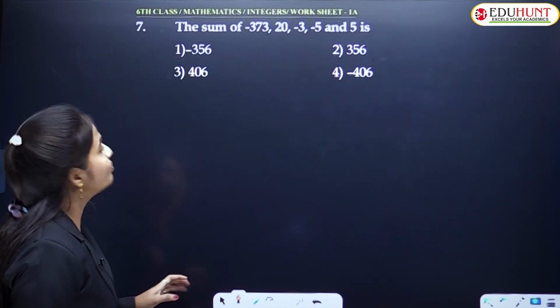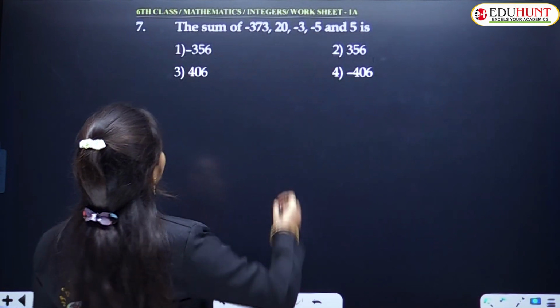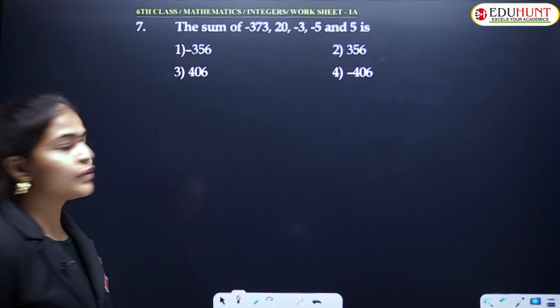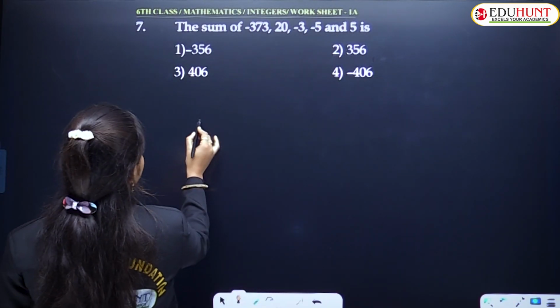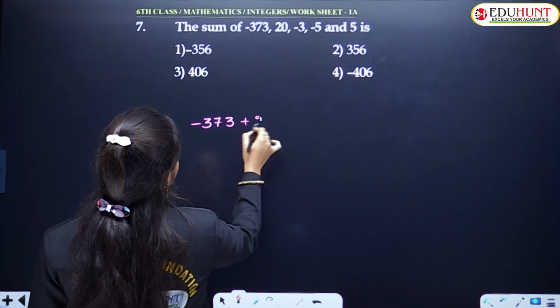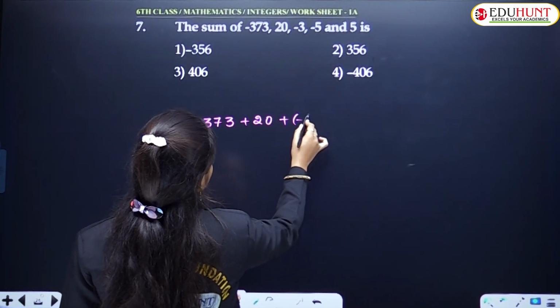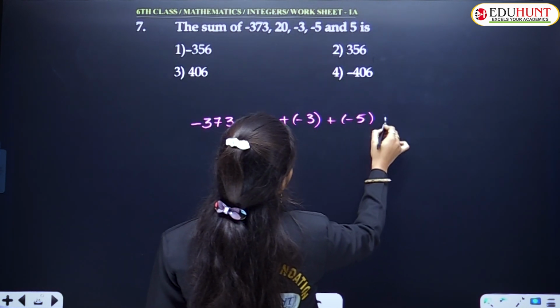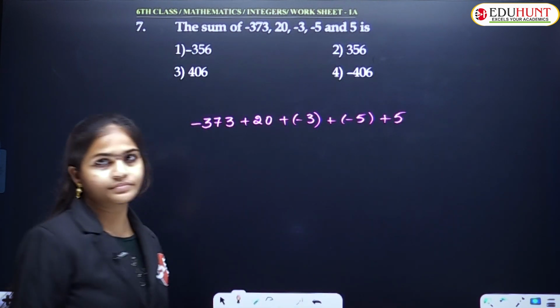The sum of minus 373, plus 20, minus 3, minus 5 and plus 5. Okay, just see here. First write minus 373 plus 20 plus of minus 3 plus of minus 5 plus 5. Clear?